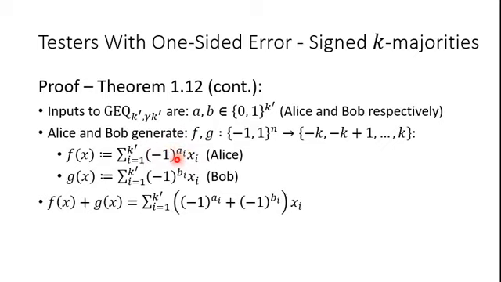So this could mean that the coefficients either are minus 1 to the power of 0, which would be 1, or minus 1 to the power of 1, which means a coefficient of minus 1. So it's either minus 1 or 1. The same thing for Bob. g of x is defined very similarly, except instead of a_i, we have b_i. So we notice that f of x plus g of x in this case is simply the sum across the coefficients here. So we will soon see what that means in terms of signed k majorities.